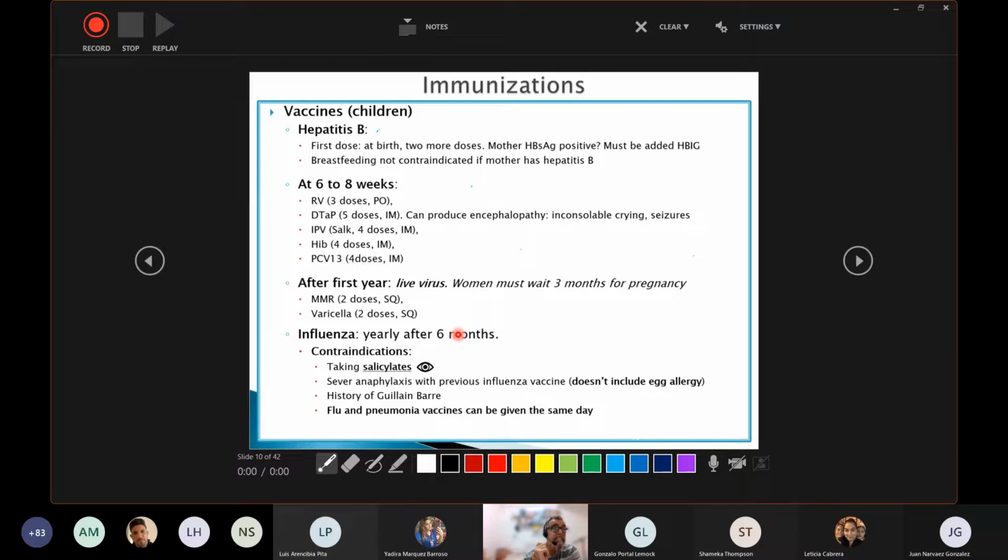Children and adolescents taking aspirin, and you need to know aspirin is needed in certain conditions, like Kawasaki disease, like rheumatic fever, could be rheumatoid arthritis, okay?